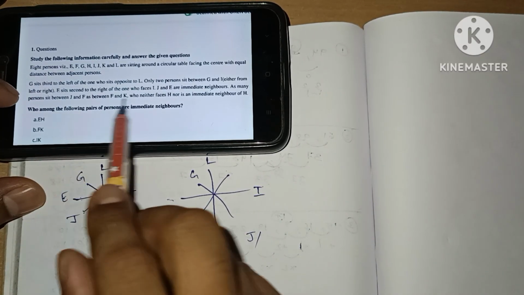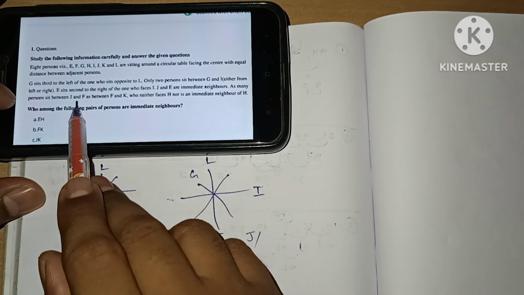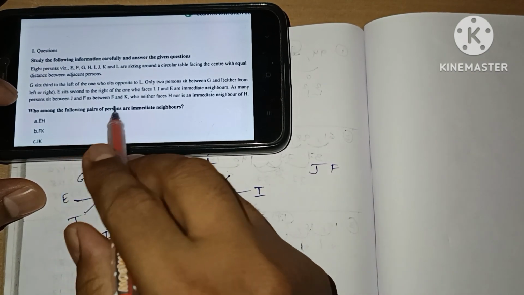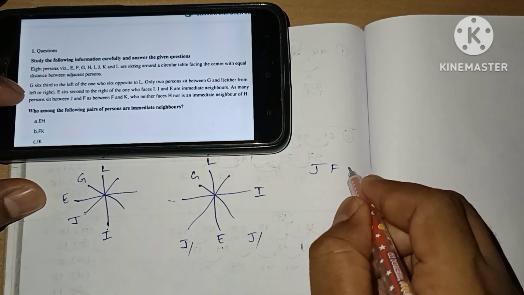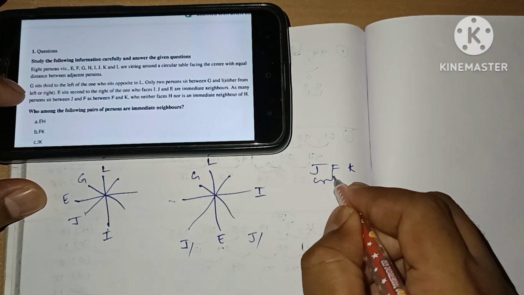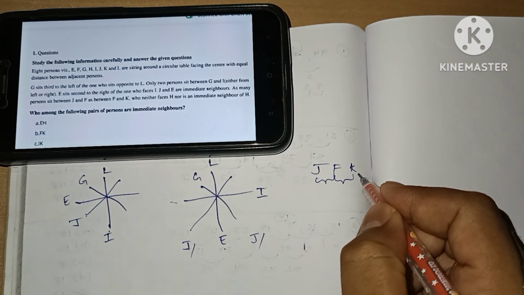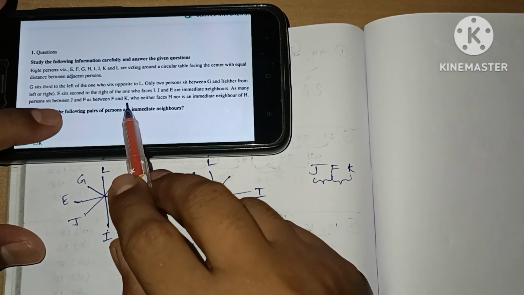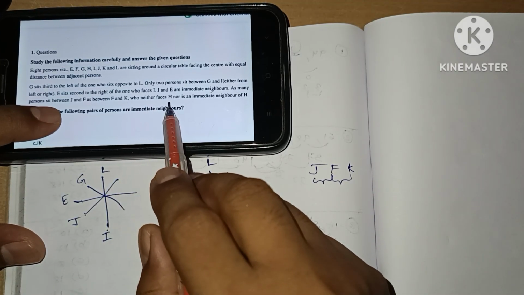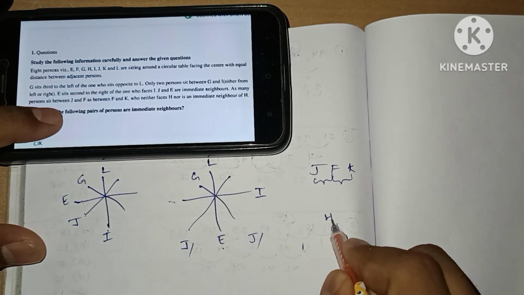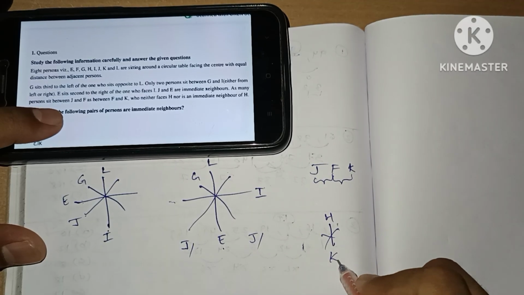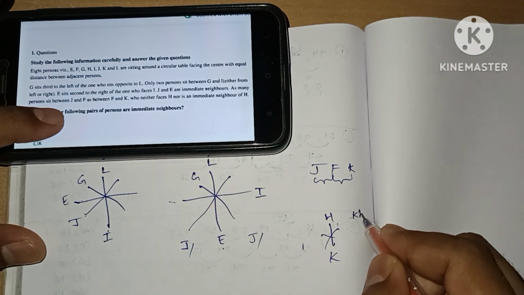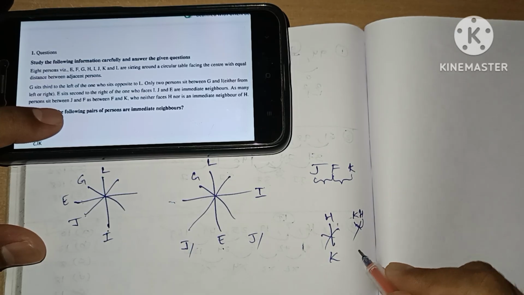Next, as many persons between J and F as between F and K. So like this. And K neither faces H nor is an immediate neighbor of H. K and H are not immediate neighbors.